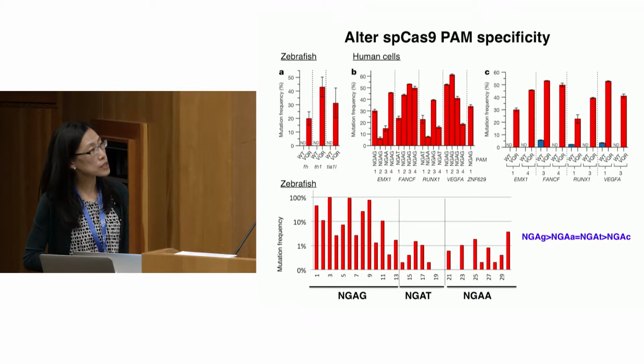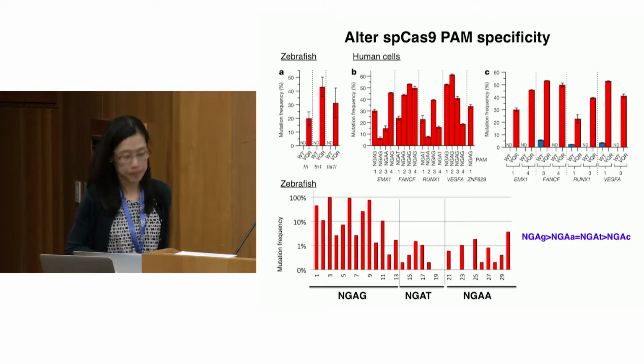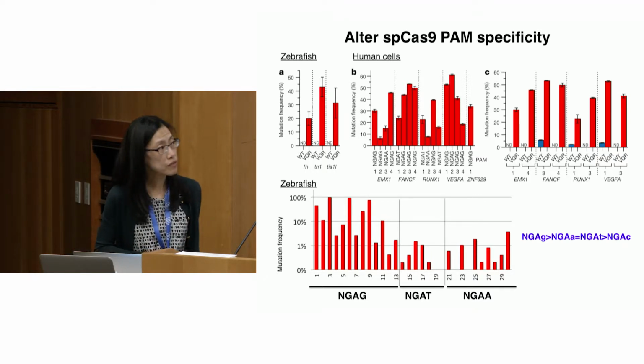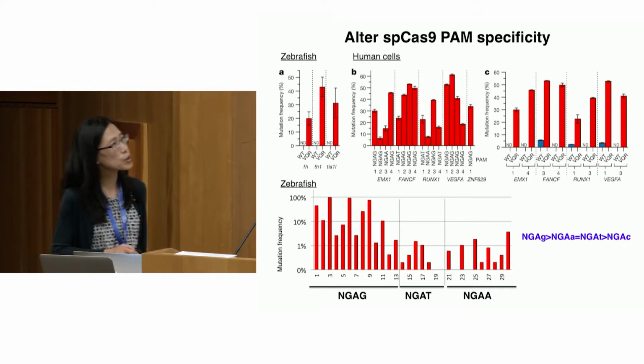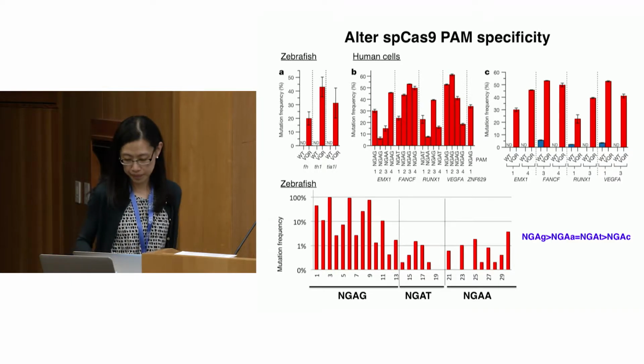However, we do see a very strong preference for sites that contain an NGAG PAM, in contrast to the NGAT and NGAA or even NGAC sites, which almost don't work. And I think the same preferences can also be seen in human cells. However, it's much stronger in the fish.